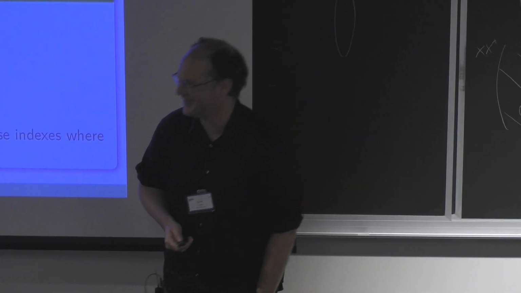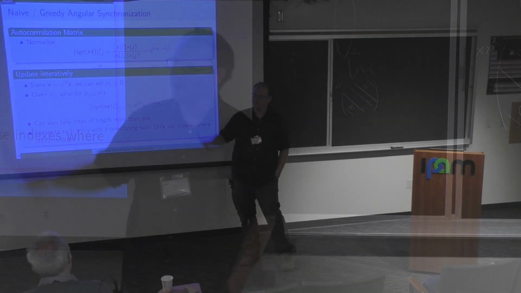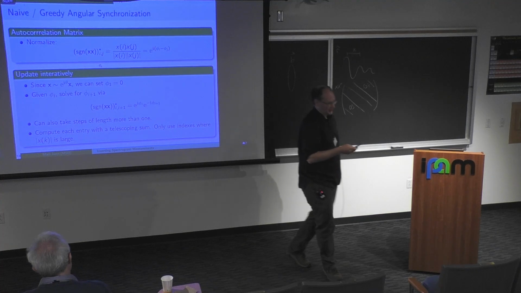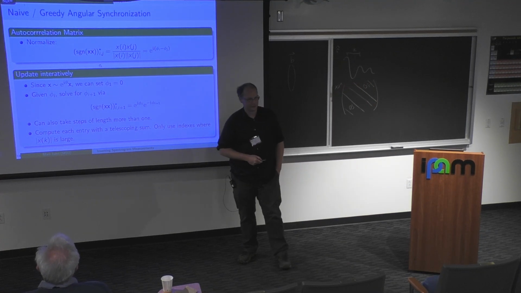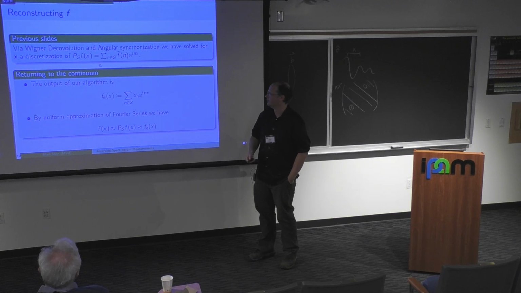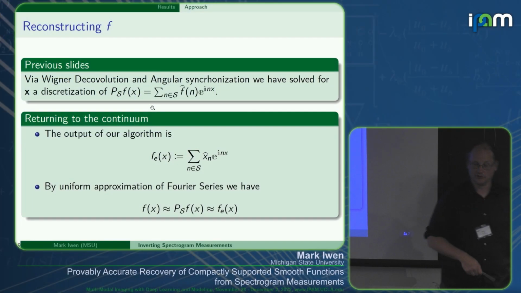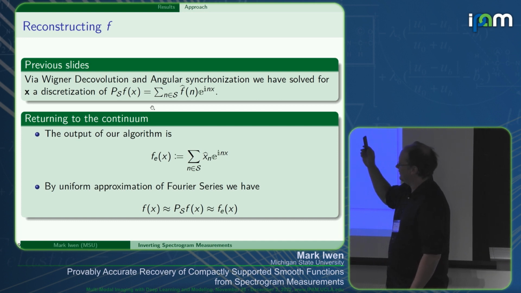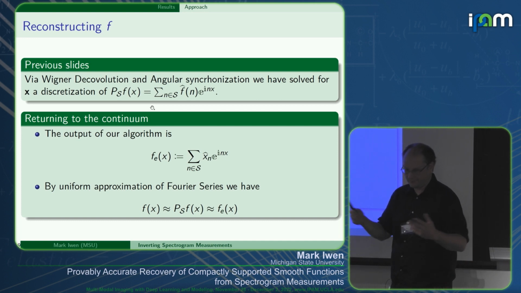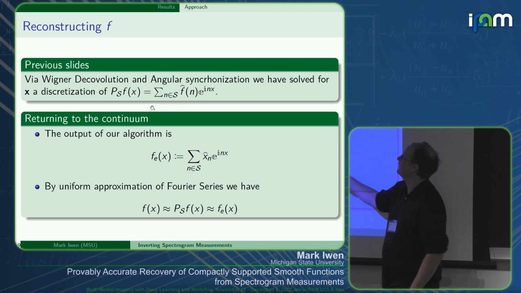All right, anyways. Okay, so there are multiple ways you can use to solve for the relative phases. So this is the third angular synchronization type step that I mentioned before. And there are more complicated things you can do, of course. All right, good. So now we've recovered X. We remember how we discretized.